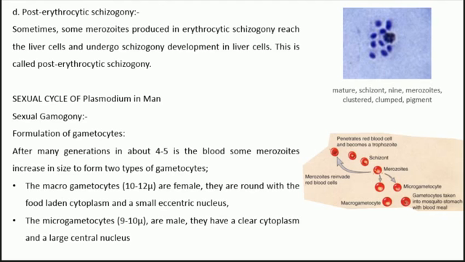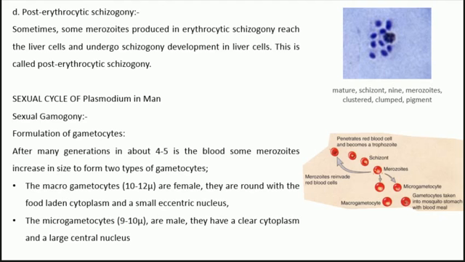But initially gamete formation may take place within man. That is called gametogenesis. So after many generations, about 4 to 5 in the blood, some merozoites increase in size to form 2 types of gametocytes. Remember, this is very important. 2 types of gametocyte formation take place.